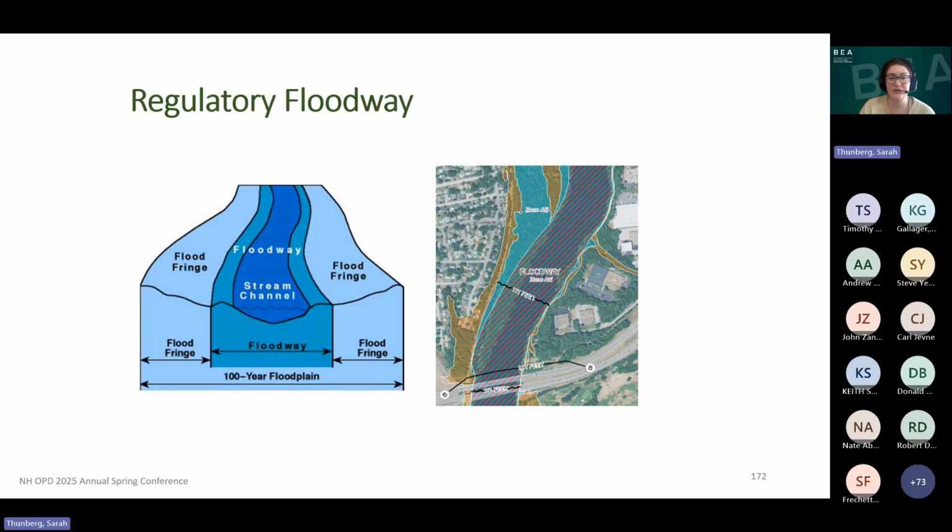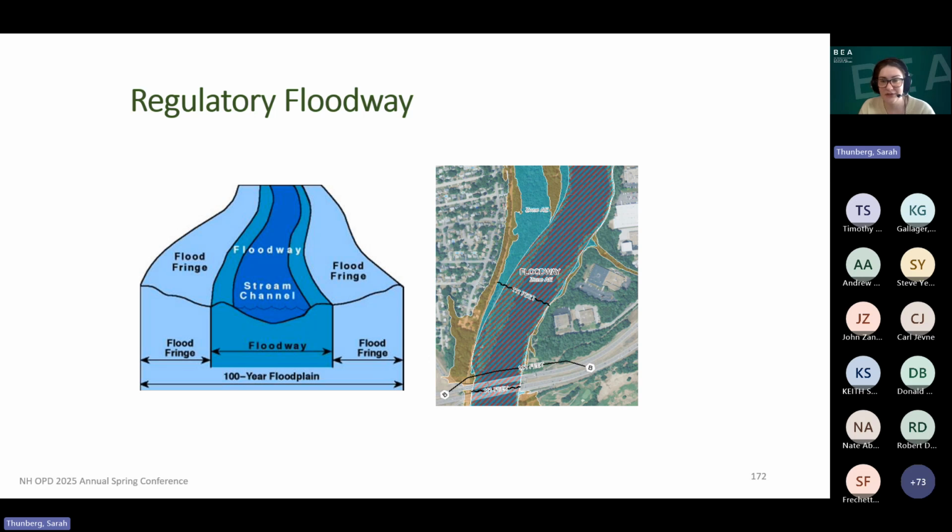And there typically are much more stringent building restrictions for building in the floodway for 3 reasons. 1, the channel of the river or adjacent water course and adjacent land areas must be reserved in order to discharge the base flood without cumulatively increasing the water surface elevation more than a designated height.